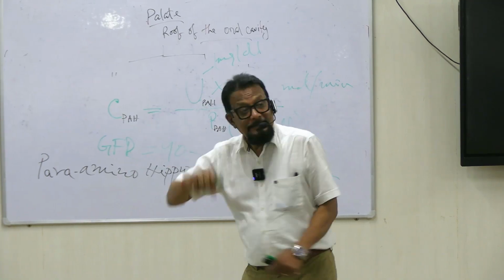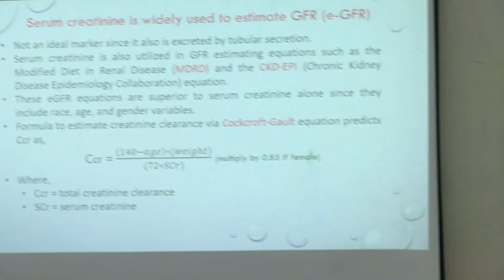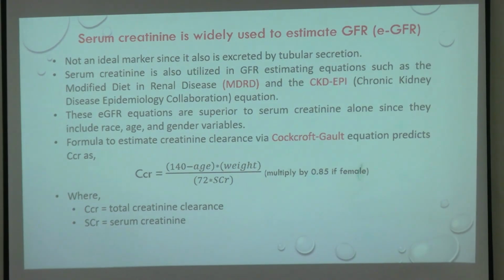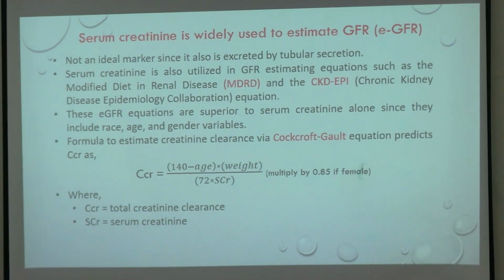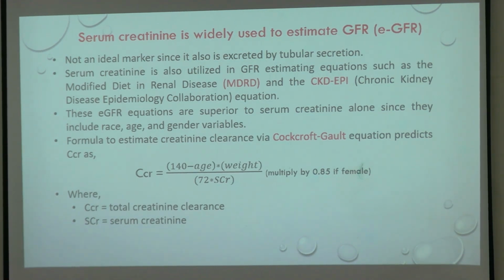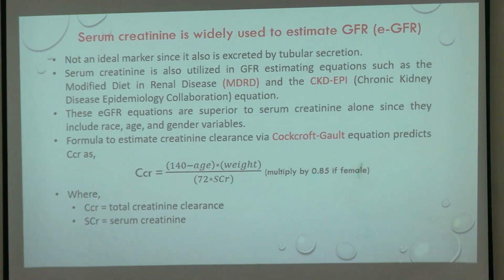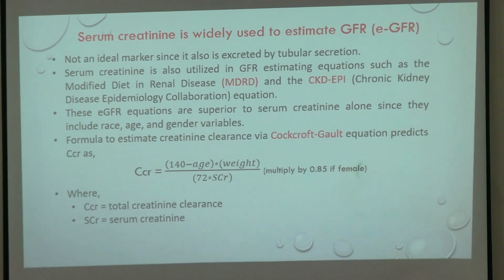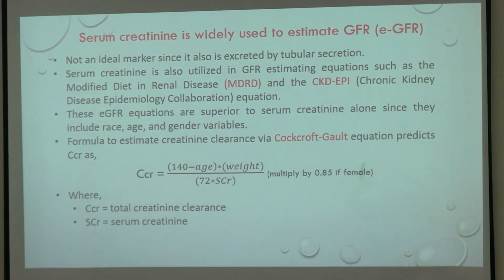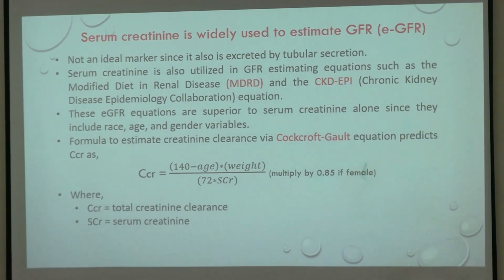Creatinine, okay. Now it's very important. If somebody's kidney is affected, creatinine is high, urea is high, GFR is reduced. Then you are interested to know how much the patient's kidney is damaged.